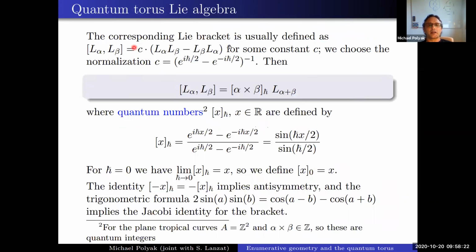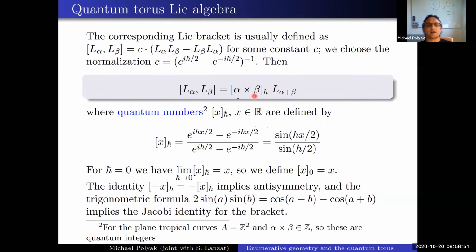So the Lie bracket is defined in an obvious way. The bracket is just the difference between L alpha L beta and L beta L alpha up to a certain multiple. It does not matter which multiple you choose, they are all the same. You can normalize it nicely, and then you get this Lie algebra, which is known as the quantum torus algebra.